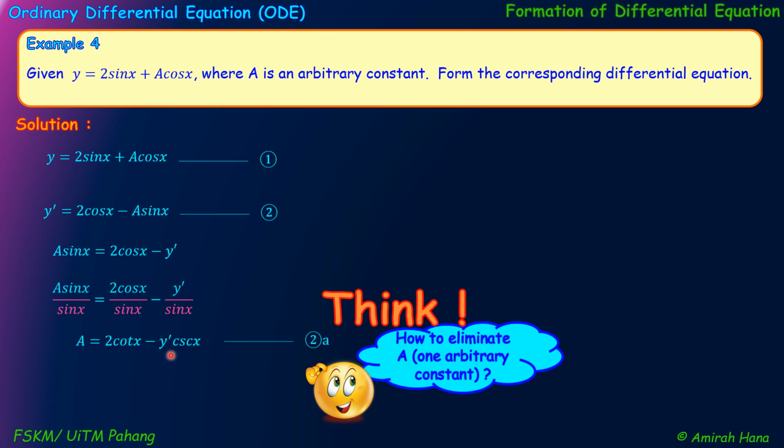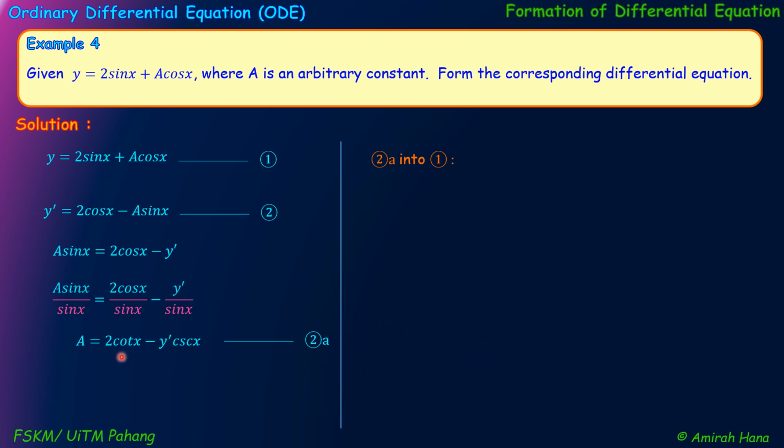After that, we can name this equation 2a, because equation 2a comes from equation 2. Equation 2a and equation 2 are from the same equation. And then we can substitute equation 2a into equation 1 because now our goal is to eliminate constant a, right?